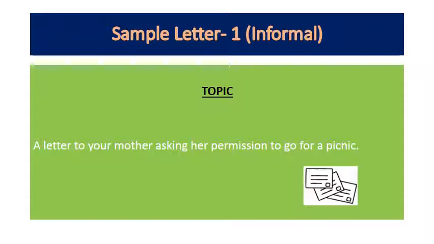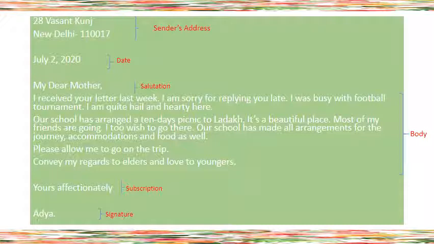It is sample letter 1, a letter to your mother asking her permission to go for a picnic. Dear students, we know that heading consists of two things, the writer's postal address and date. So see, the letter begins with the heading, but notice one thing, that between the letter writer's postal address and the date, a line is skipped.